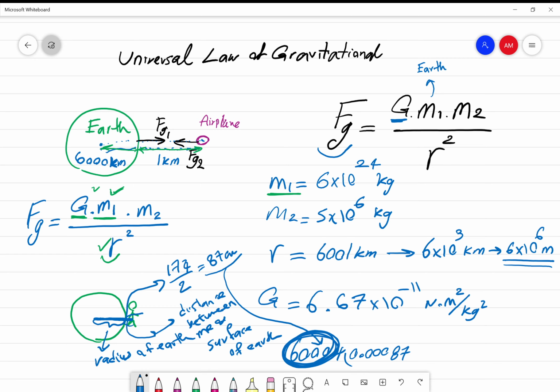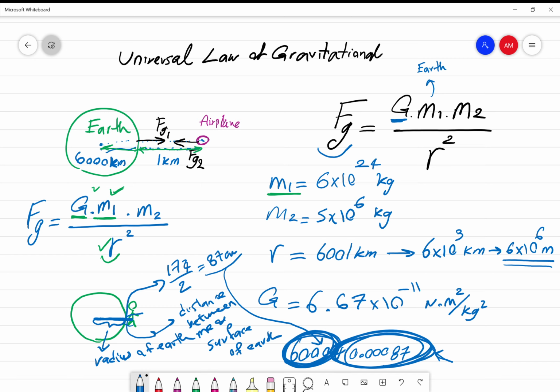Even though the distance between you or the object and the Earth might be half a meter, 1 meter, 10 meter, whatever that is, it's a very small number. So the distance between Earth and objects around Earth is roughly always equal to 6,000 kilometers.